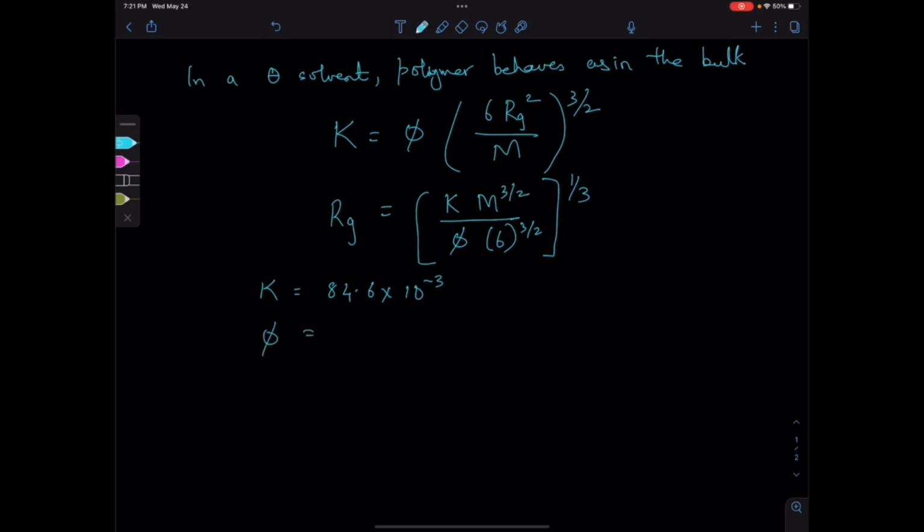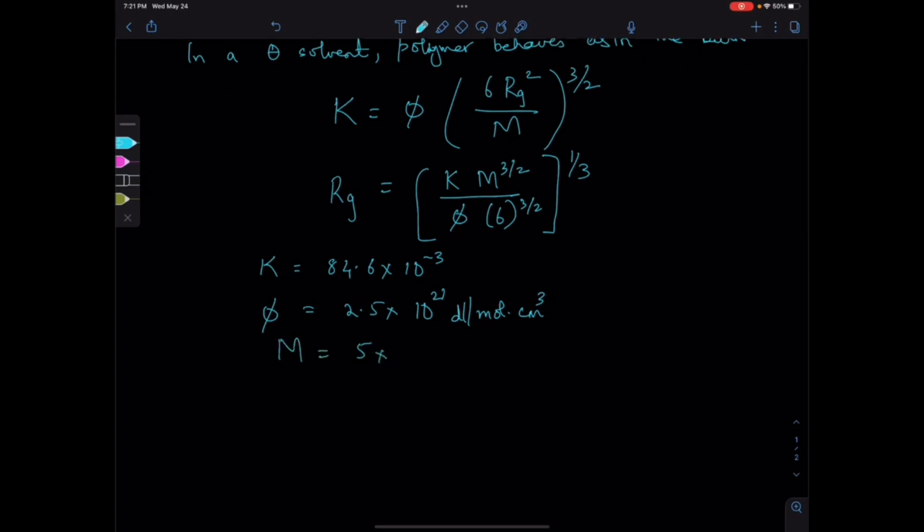Phi is a constant given as 2.5 times 10 to the 21 deciliters per mole centimeter cube. Molecular weight M is given as 5 times 10 to the power 5 grams per mole.